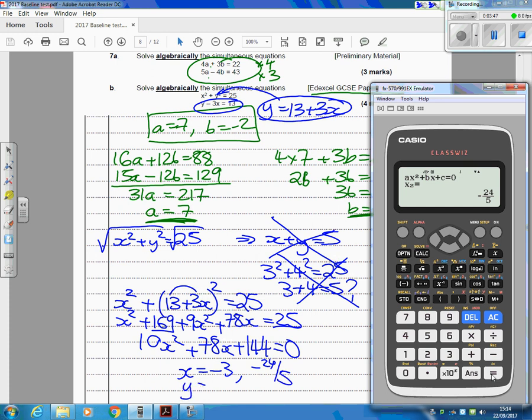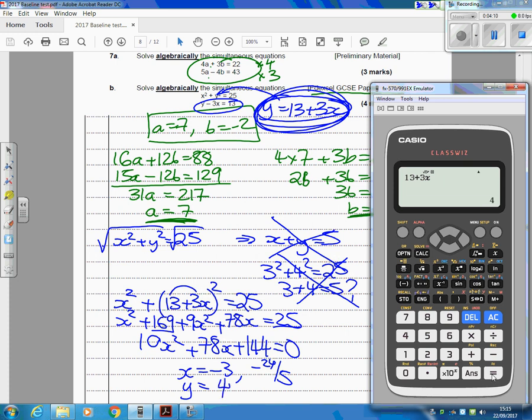They're just the X numbers. We need to know what the Y numbers are as well. Well look, we've said what the Y numbers are. The Y numbers are 13 plus 3x. Let's calculate that when x is -3. It tells us that the y value was going to be 4.